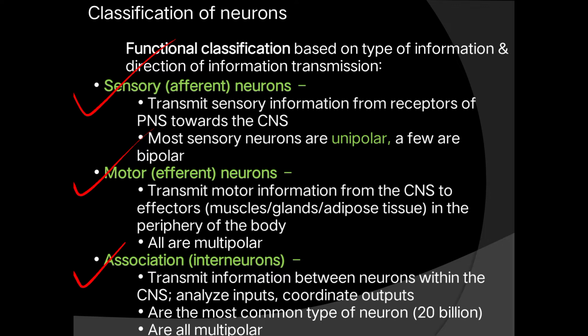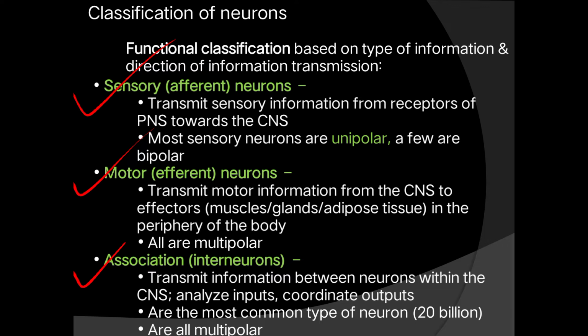Suppose we are touching anything that is hot, so in the peripheral nervous system, because we are touching with hands, the fingers have the openings of the nerve terminals of the sensory type of neurons.